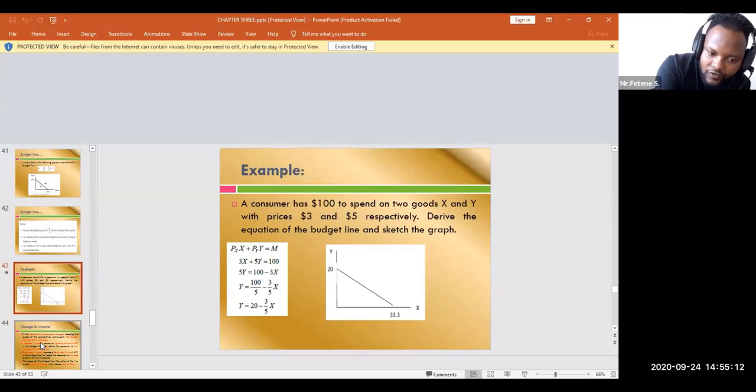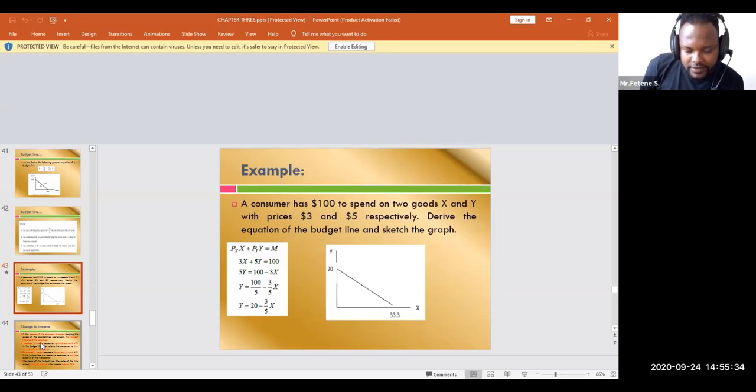If the value of y is 0, then the value of x equals 33.3. Here, 0 equals 20 minus 3/5 x, then multiplied by 5/3.